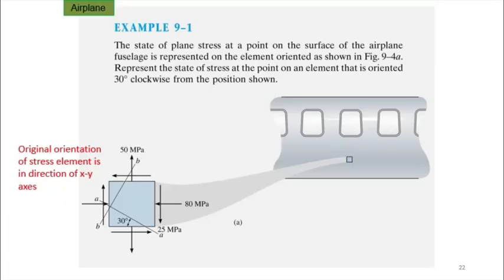Let's take a look at an example. Now in this example here, we have a stress element which is given, and that stress element is taken on the surface of the fuselage of this airplane here, or in simple words, the body of the aircraft, right?